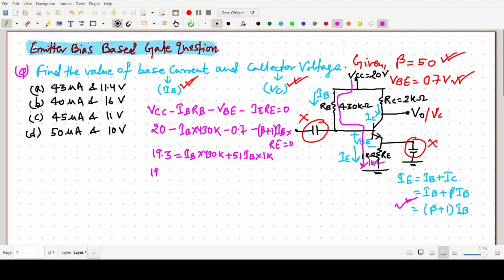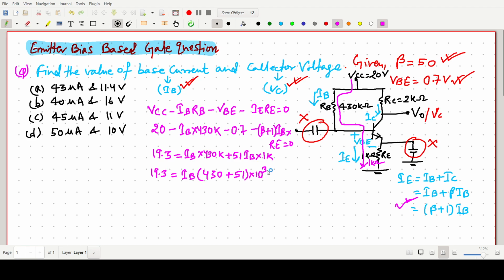Now we can write 19.3 equals IB common, times 430 plus 51, with kilo written as 10 to the power 3.